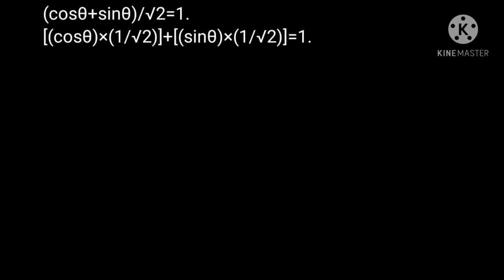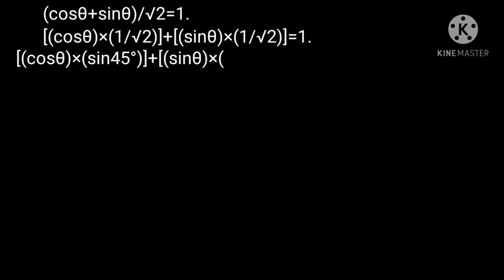Here we substitute: cos theta into sin 45 plus sin theta into cos 45 equal to 1. The above equation is in the form cos A sin B plus sin A cos B, which is the sin (A plus B) form. Then sin of (theta plus 45 degrees) equal to 1.